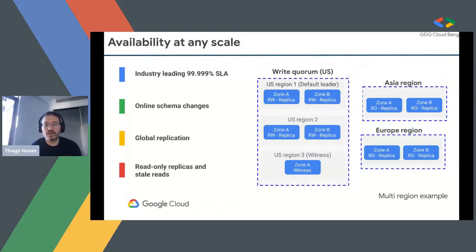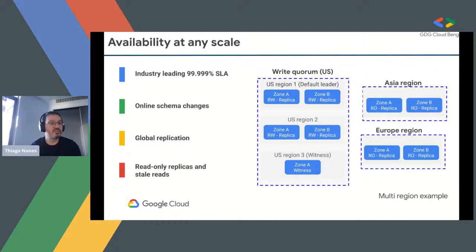If there are any writes that are routed to the Asia or Europe region, they are going to be rerouted to your write quorum. Now, what do you get by having the replication in Asia and Europe? Basically, they bring the data closer to your client. In Spanner, you can have 2 types of reads. One of them is called strong reads, where you want to read the most up-to-date data.